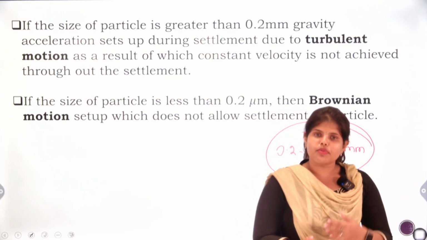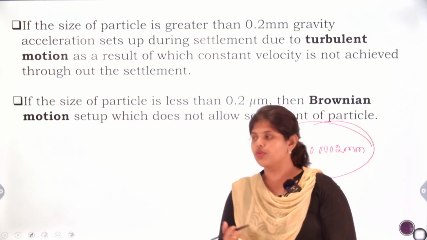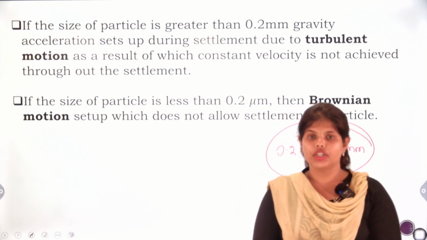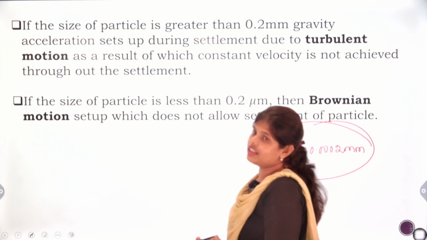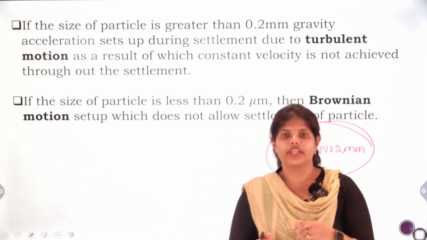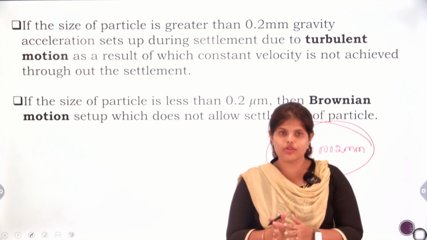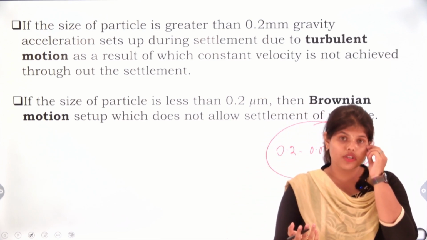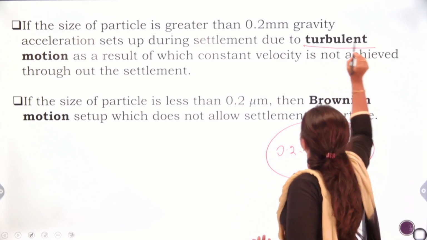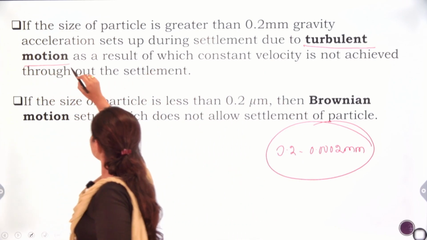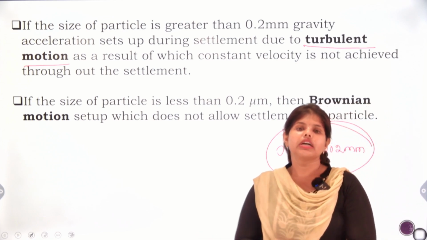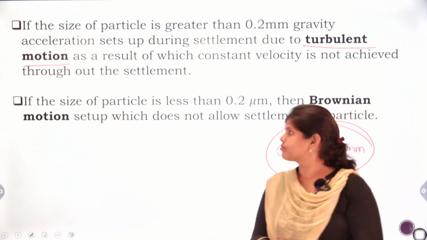But if the size is greater than 0.2 mm, what happens? There will be some turbulent motion, and that turbulent motion cannot give us the actual velocity. The velocity will fluctuate. We cannot get constant velocity if the size of the soil is greater than 0.2 mm. Because of turbulent motion, constant velocity is not achieved throughout the settlement process, right?